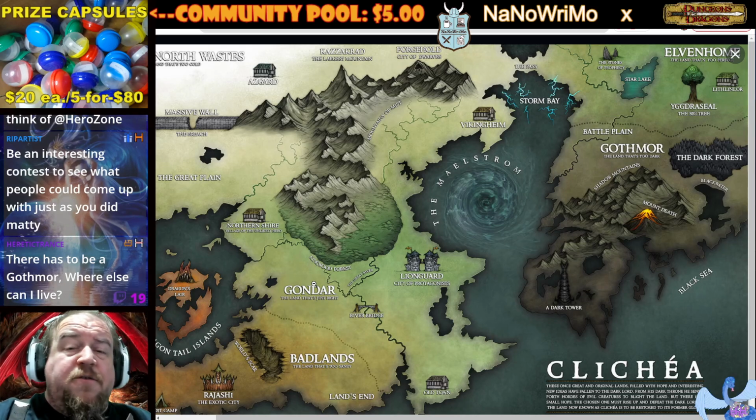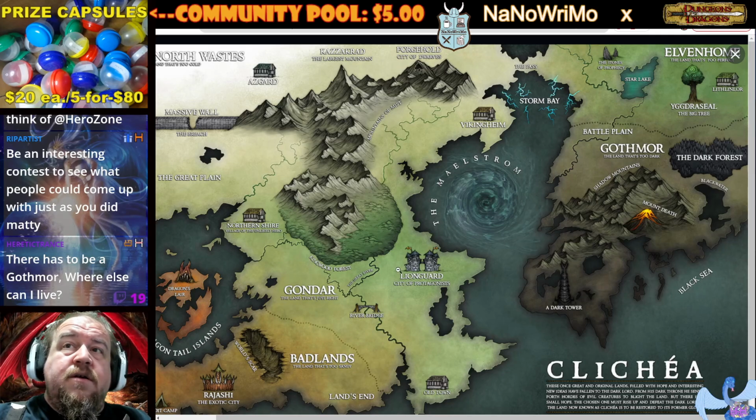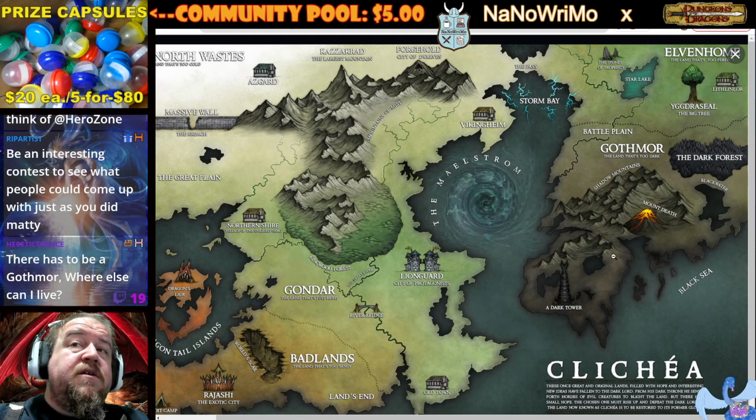I mean, lawful good doesn't mean lawful nice. Liongard might have some really punitive laws. You know? There's nothing saying that grimdark has to take place in Gothmore. This would be a very obvious choice, but we can just as well have a grimdark setting in Liongard, the capital of Gondar.